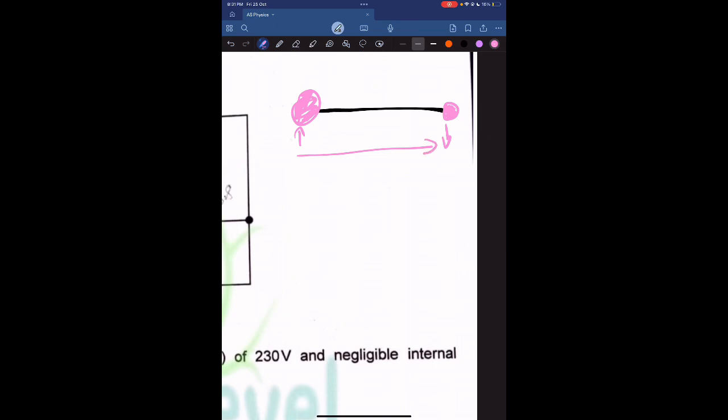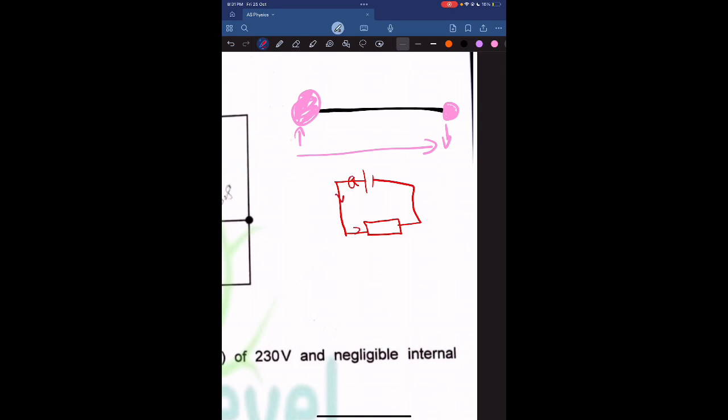Current is the flow of charges, and potential difference is the flow of charges from a region of higher potential to a region of lower potential. So that's all that is. You may think of it sometime, why is it that if you have a circuit like this, and there's a component here, the charge is flowing at all?